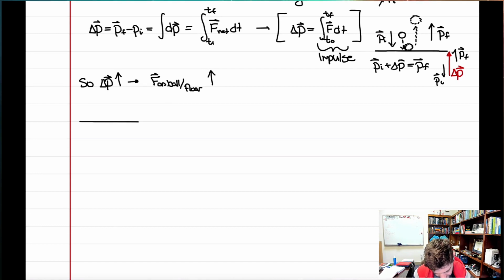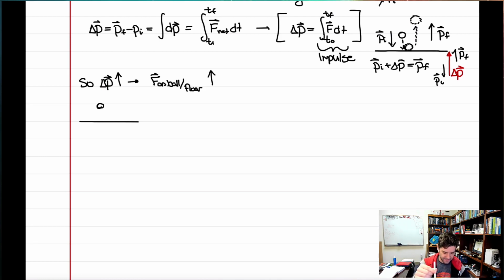Oh, and I will say, by the way, did I have to ignore gravity in that description I gave above? No, because all along, while the ball is going down, hitting the floor, and going up, the gravitational force is also being applied to that ball over time. But since the gravitational force always points downward, it is always acting to make the momentum of the ball, whatever it is, point downward.